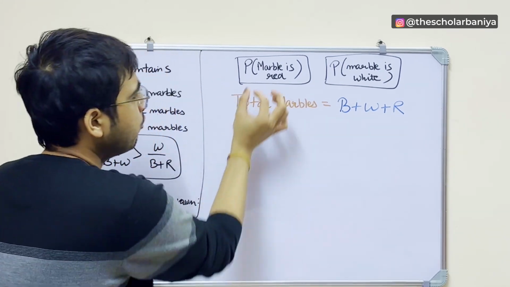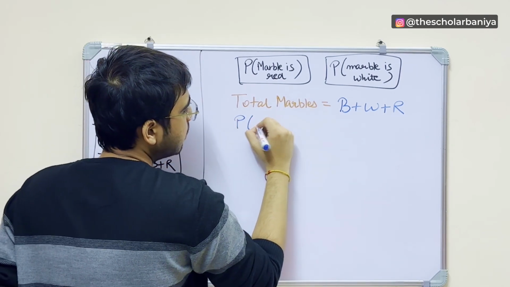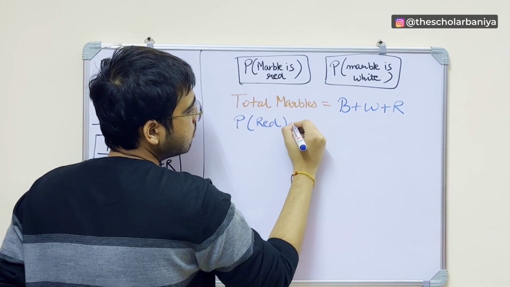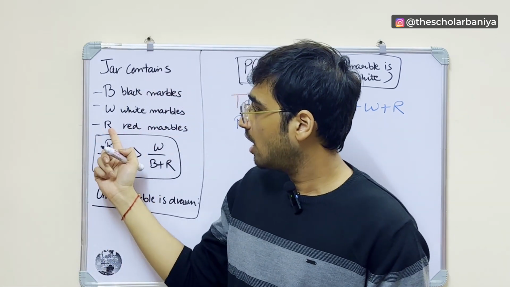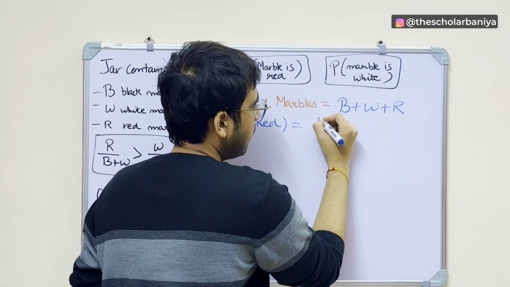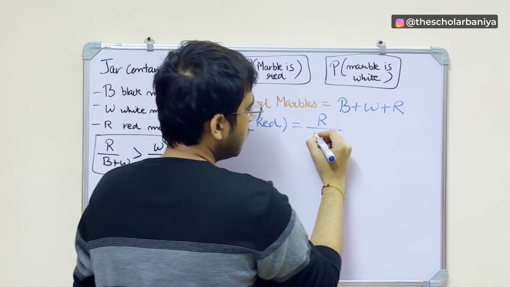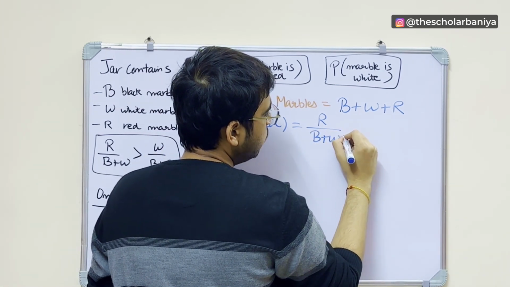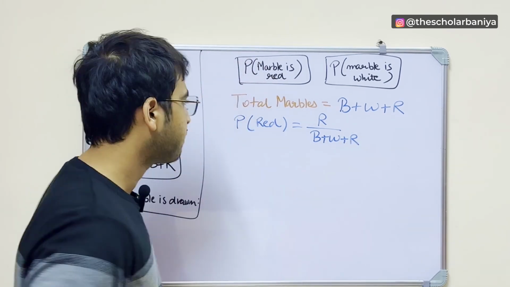Now tell me, what is the probability the marble is red? So the probability the marble is red is equal to the number of red marbles, which is R, upon the total number of marbles, which is B plus W plus R. I hope this is very basic, right?